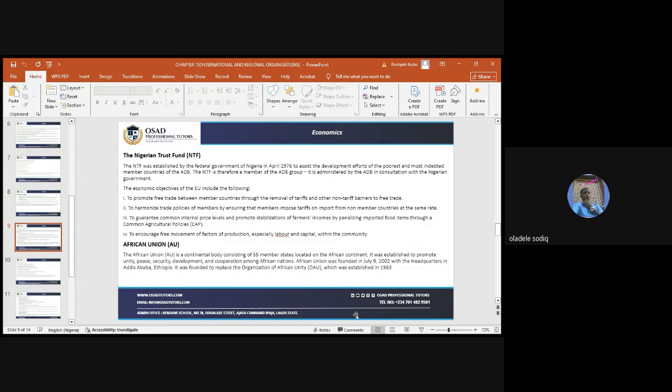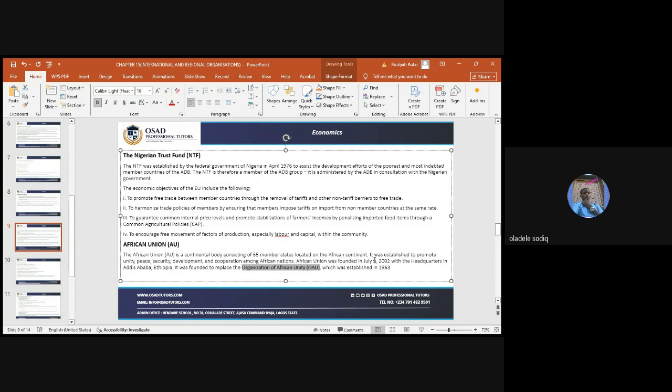And this African Union was formerly known as the Organization of African Unity. That was the initial name they called it. Please take note of that. It was initially known as OAU, and this OAU was established in 1963.